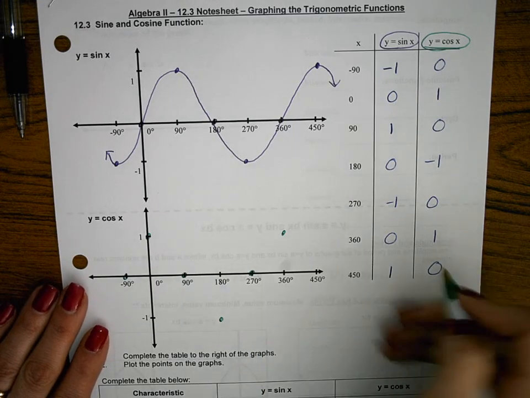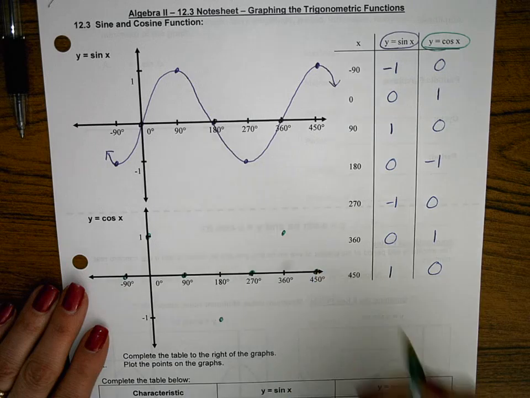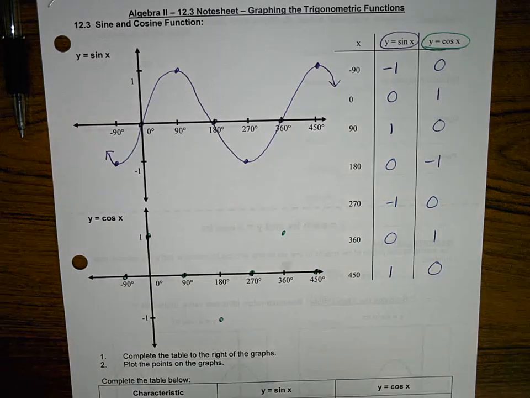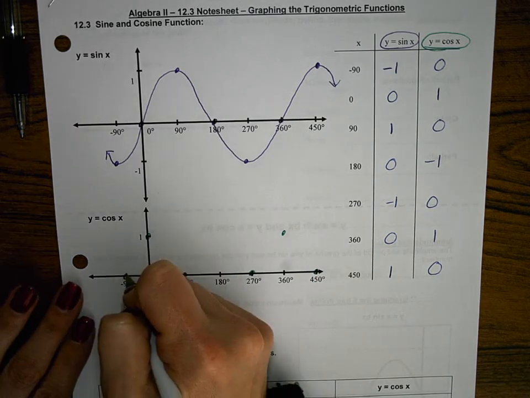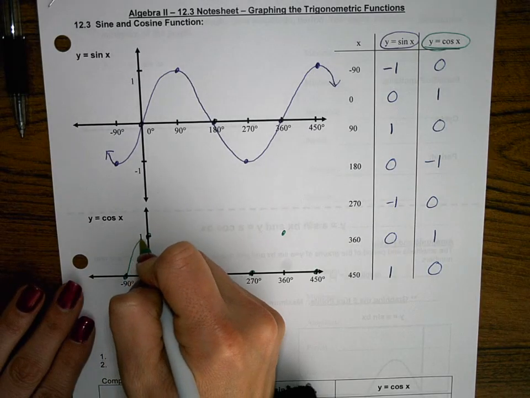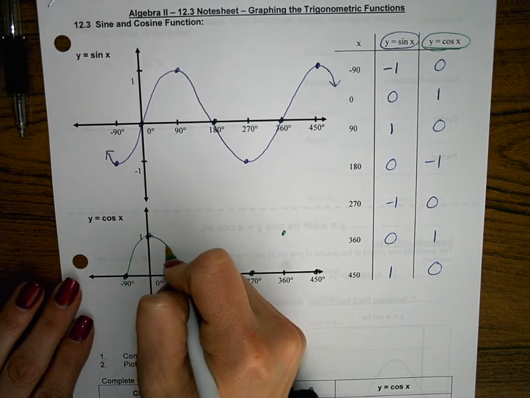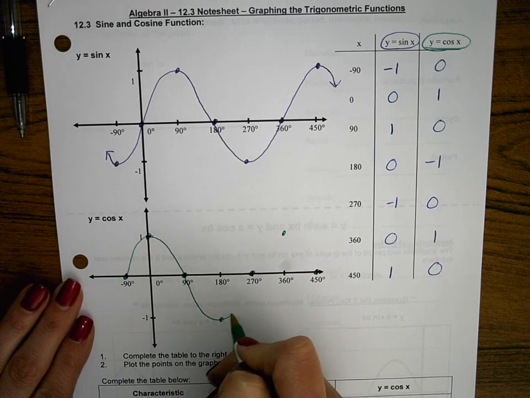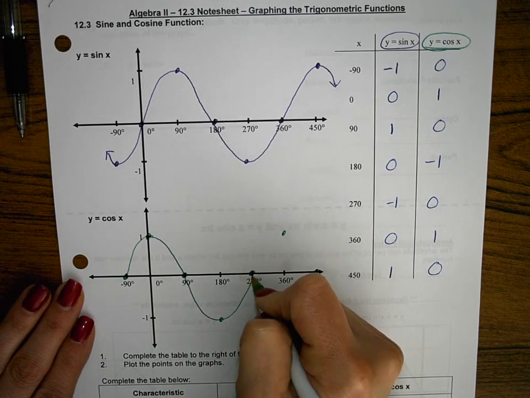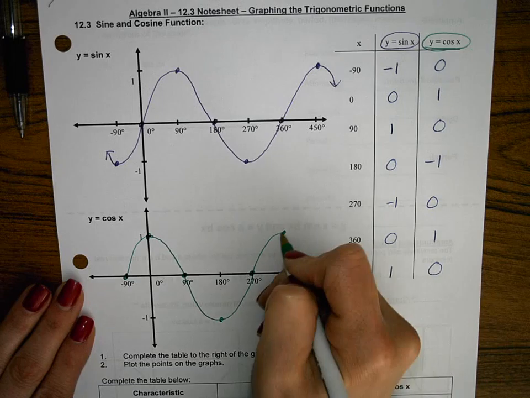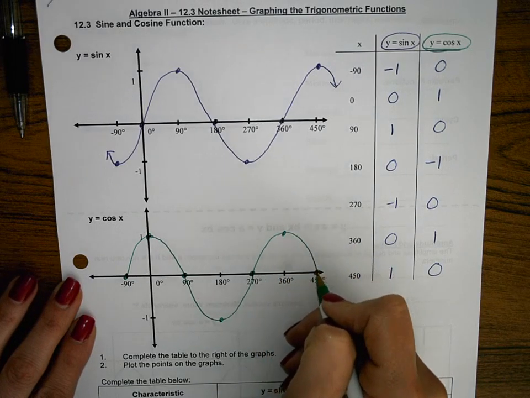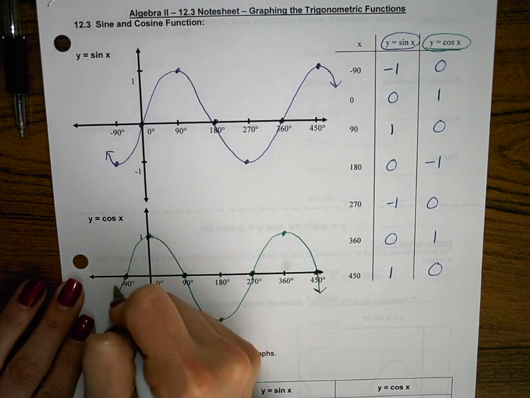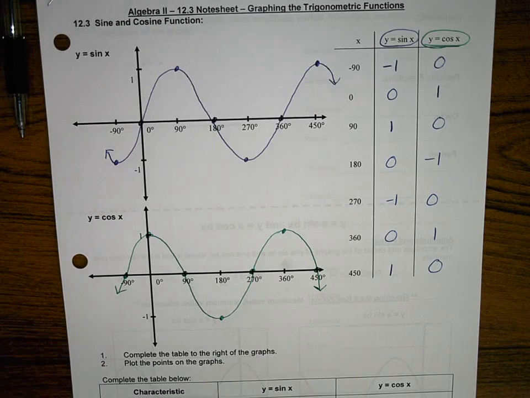And at 450 with cosine, I'm back at 0. Does it have that wave shape also? Of course. From negative 90, it goes up to the top, back to 0, down to the bottom, back to 0, up to the top, back to 0. And this one continues going on forever in both directions.